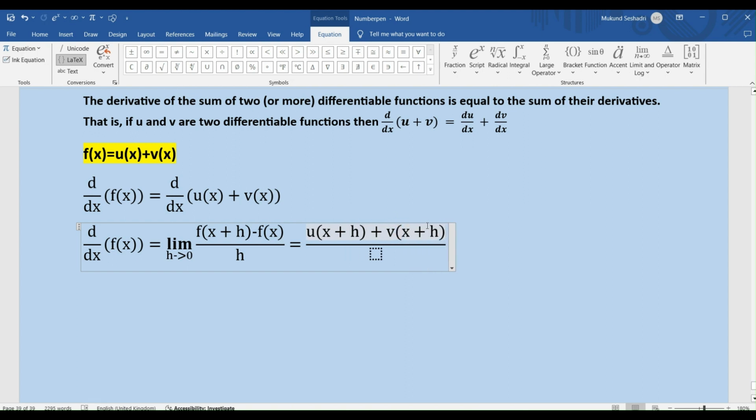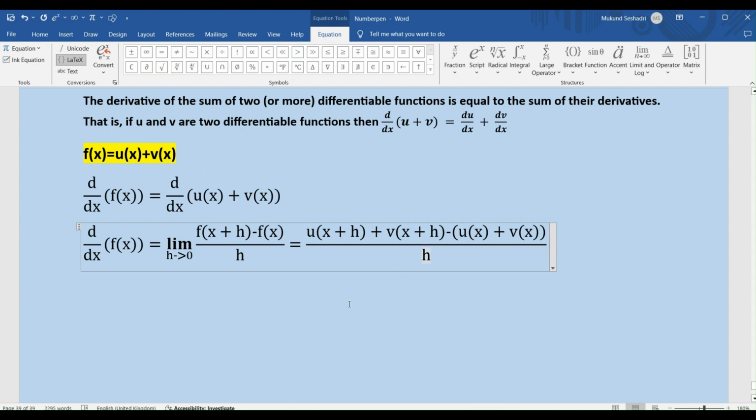And my f of x is nothing but u of x plus v of x, right? So I just write that down, u of x plus v of x, right? And I still have my h in the denominator. And we see that my numerator is u of x plus h plus v of x plus h minus u of x minus v of x, right?